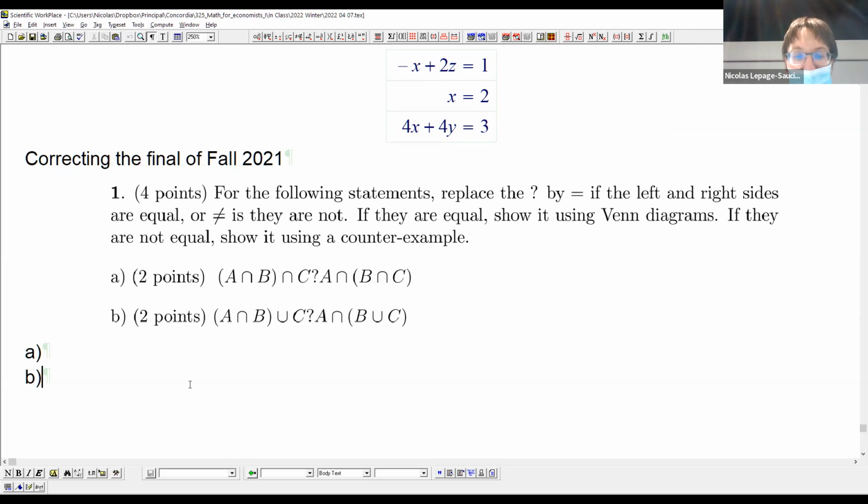So it's all about associativity. Normally with associativity you have a single operation. So you see something like addition is associative or multiplication is associative. So you have one operation.